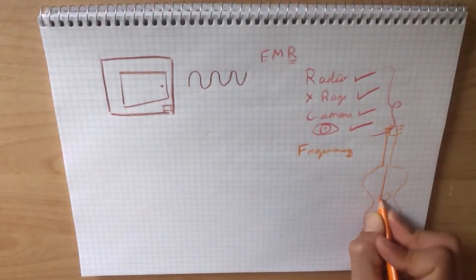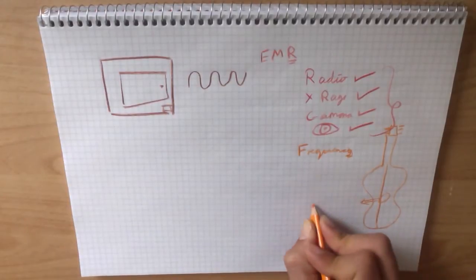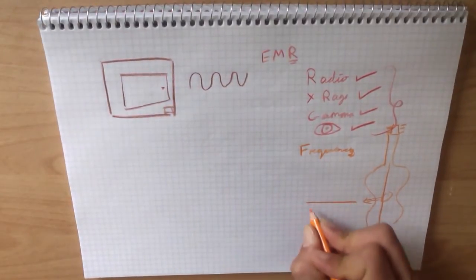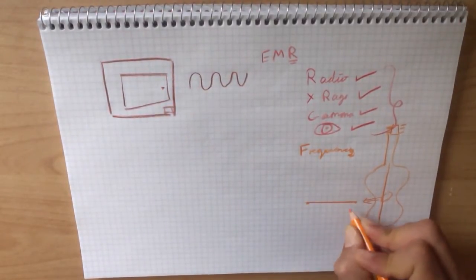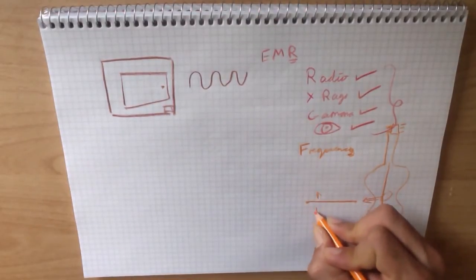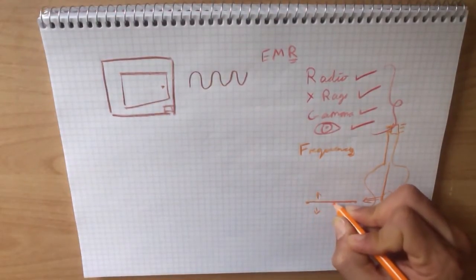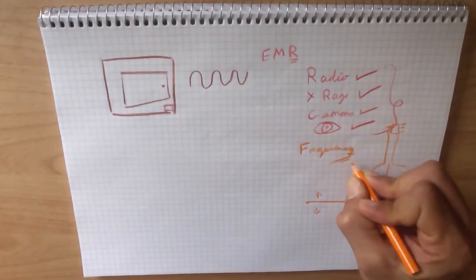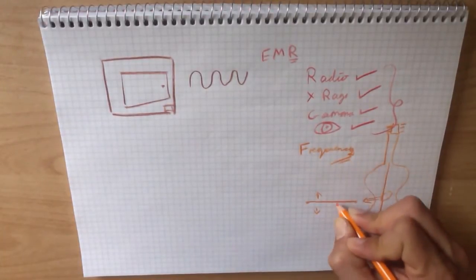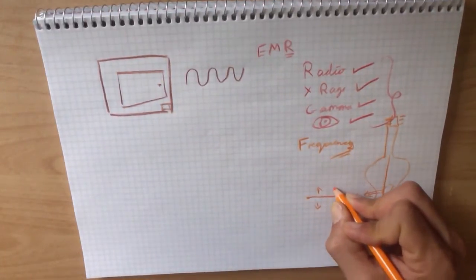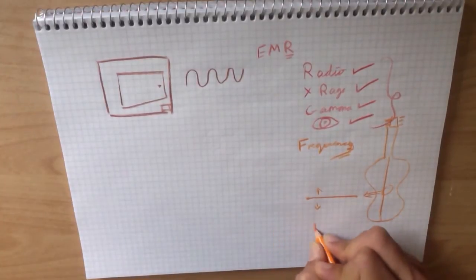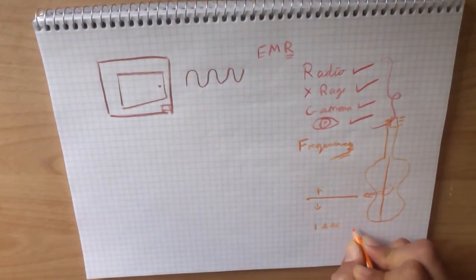Now, when we pluck this particular string, it vibrates up and down at a particular frequency. So, what is it? The number of times it goes up and down in 1 second.